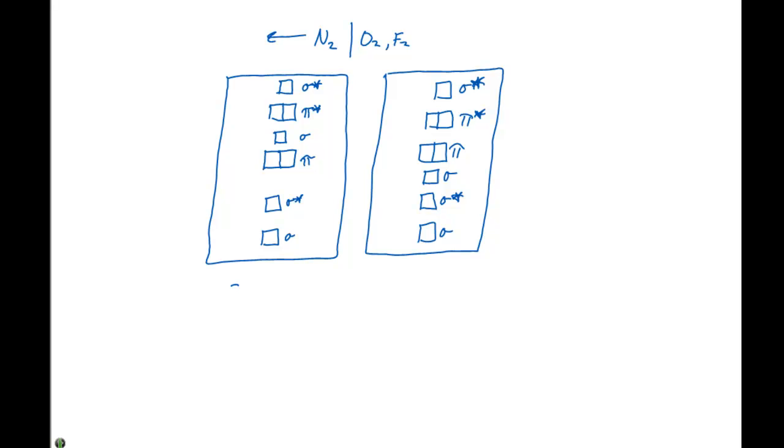And over here we have sp mixing and no sp mixing. And this is going to result in the differences of the molecular orbital diagram energies for our second row diatomic molecules.